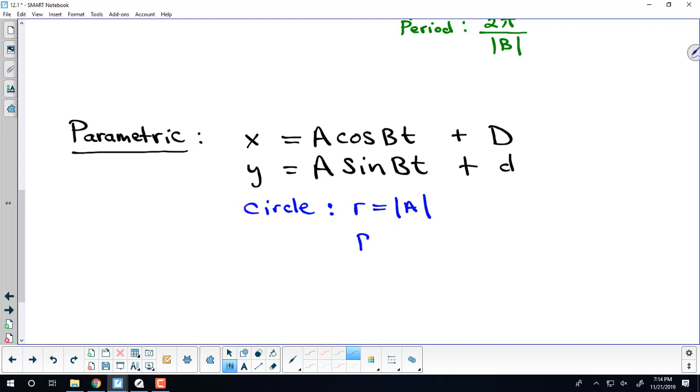The period, and here we can think about the period as how much of the circle actually gets graphed. It's still, for sine and cosine, 2 pi over absolute b.